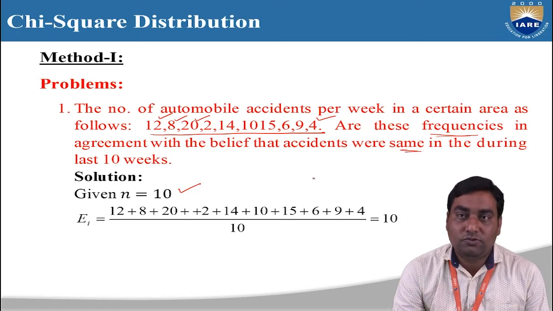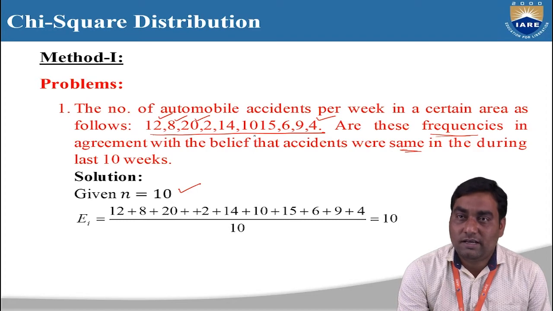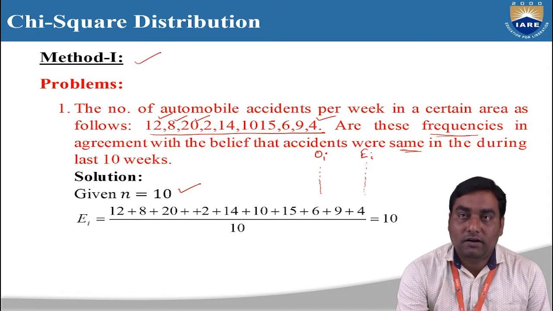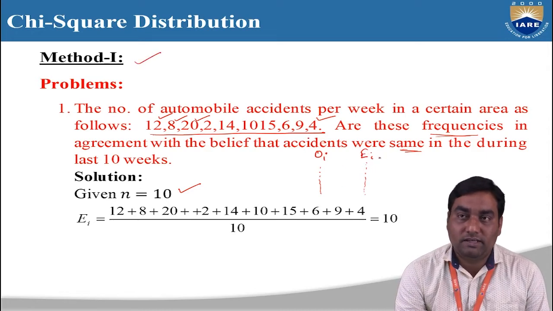We have to find this by using method 1, because in method 1 we are given only the observed frequencies 12, 8, 20, 2; the Oi values are given, 10 values. We should find the Ei values, expected frequencies. In method 1, how to find the expected frequency? Which is very simple.